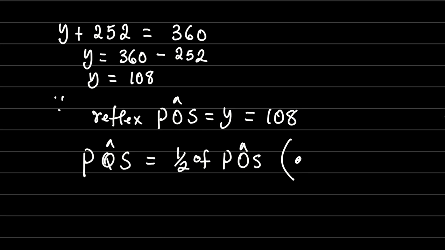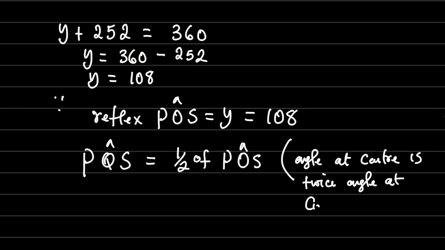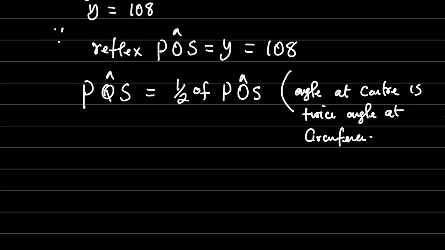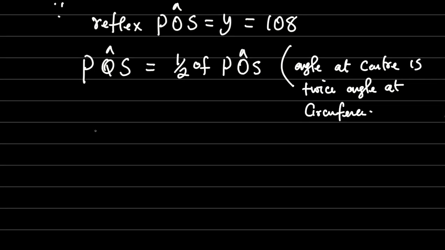The reason is the theorem: angle at center is twice angle at circumference. Since we have that understanding, we can now say PQS will be 108 divided by 2, which is 54.